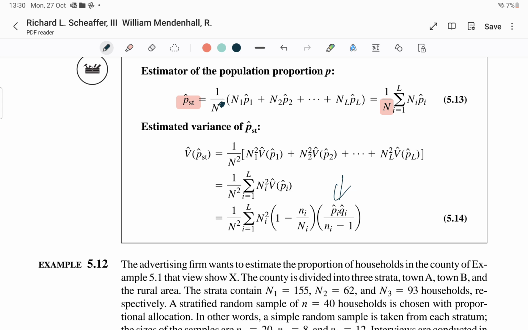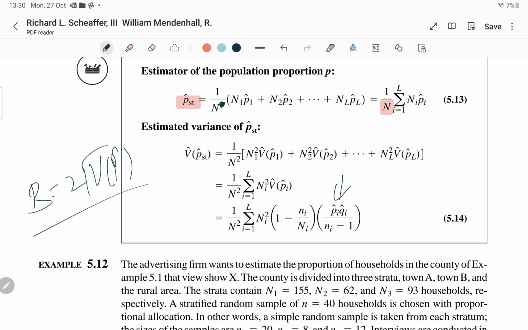Once you have the variance, take the square root of that variance and multiply by 2 to get the bound on error. That is called B. So 2 times the square root of the variance of the estimator is called B.